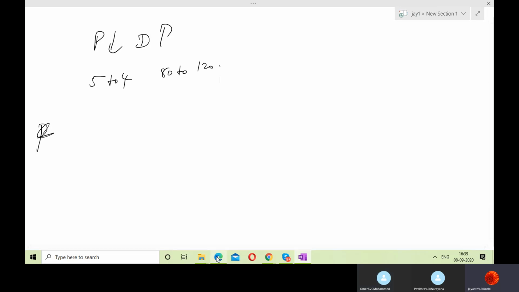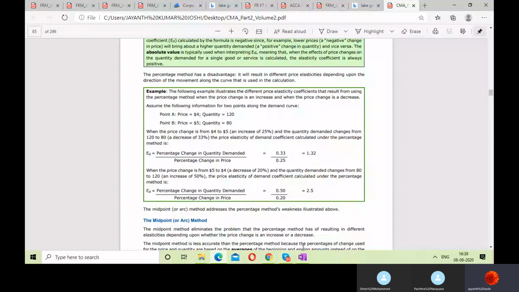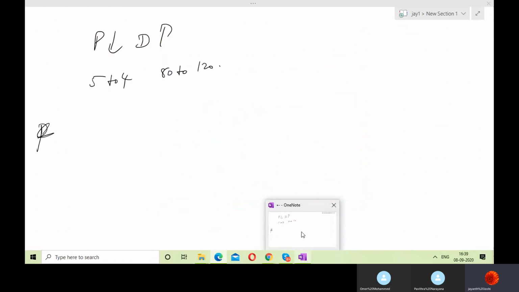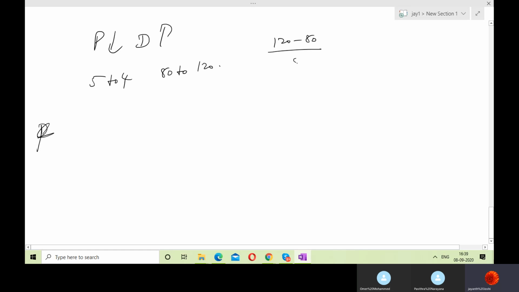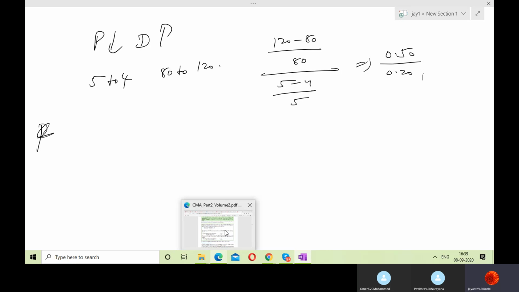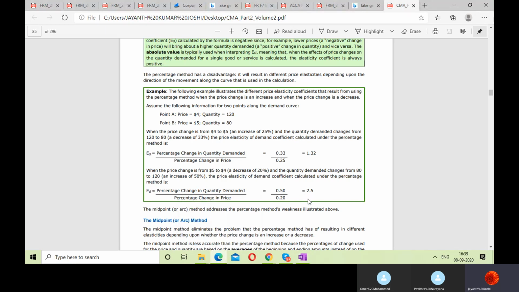Okay. So now we can say the percentage change in demand is 120 minus 80 by 80, whole divided by 5 minus 4 by 5. So it's 0.50 by 0.20. So that is 2.5.